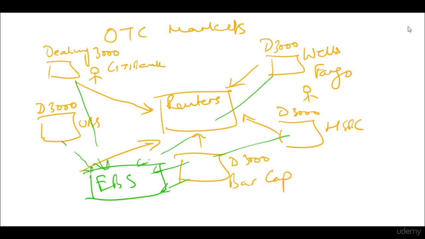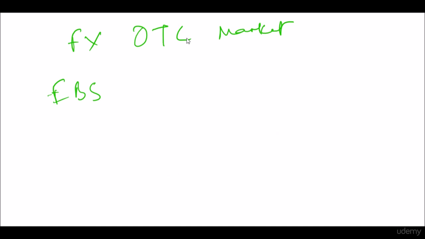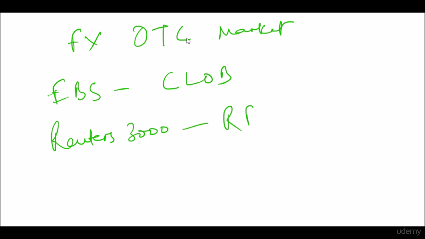Another point to understand is that in the foreign exchange market, there are two methods of trading. One is by placing orders, such as the EBS's CLOB, which is the Central Limit Order Book. The Central Limit Order Book is a centralized database of limit orders and is a trading method that is used by exchanges globally.